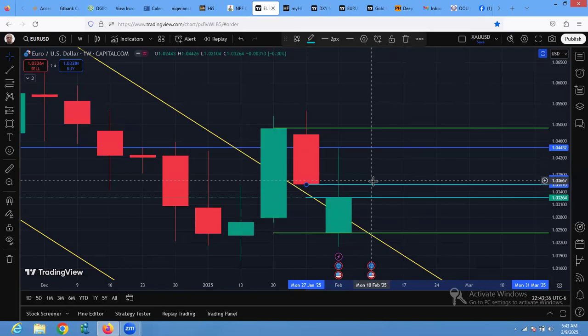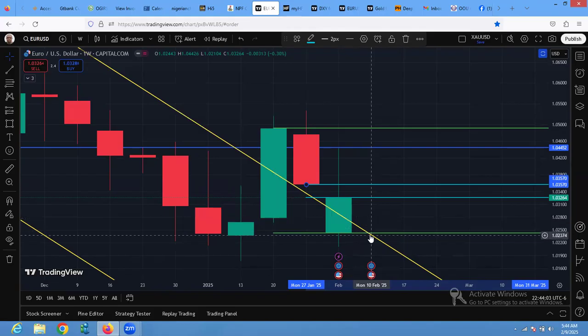We need a daily close above 1.0350. A daily close above here will open up this area for us to continue to push to the upside to buy.